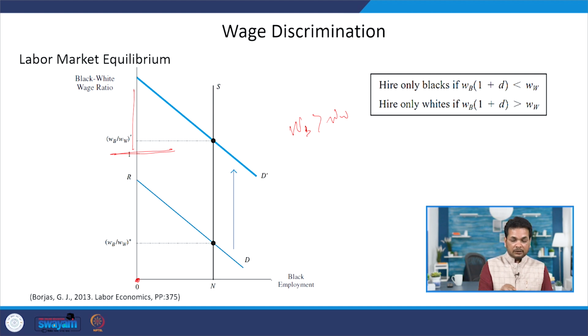Even if this WB is less than WW, with the adjusted utility for a discriminatory farm, it is going to be more than this WW. So, the farm will not hire even if they are in that range. The threshold level: let us say this WB goes below this point R.